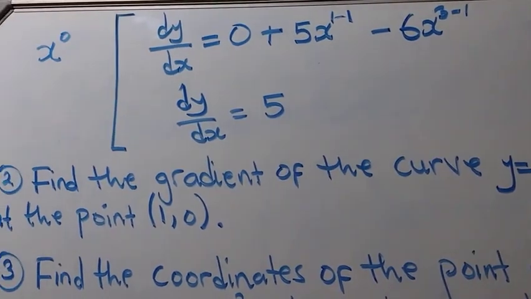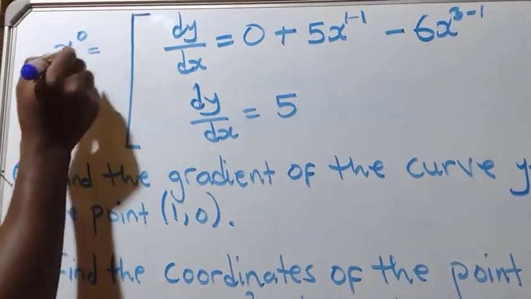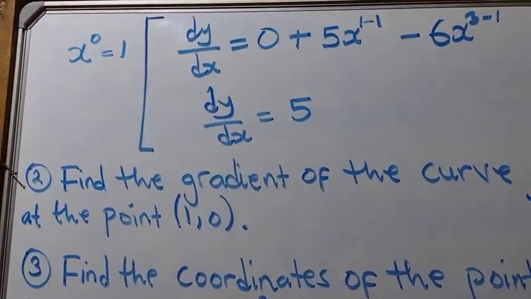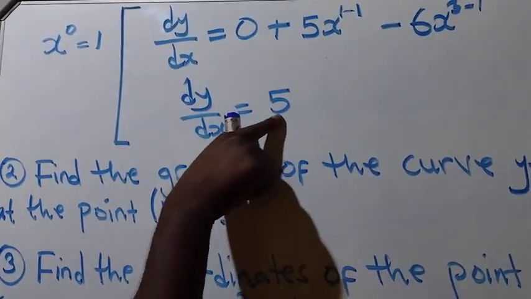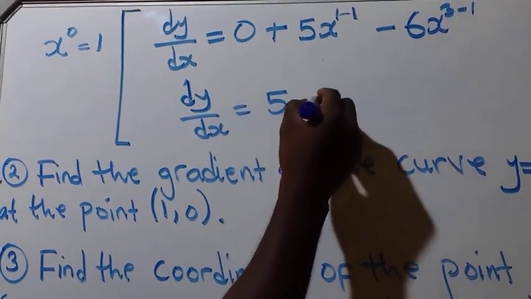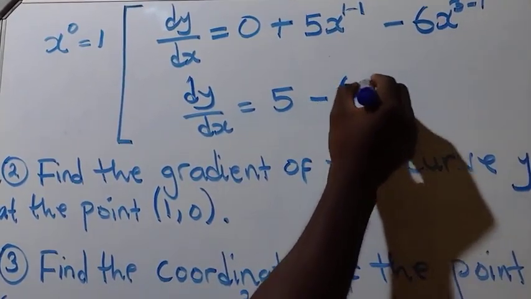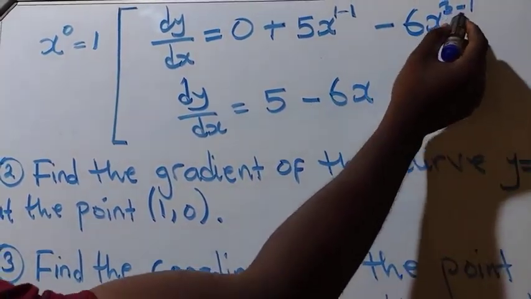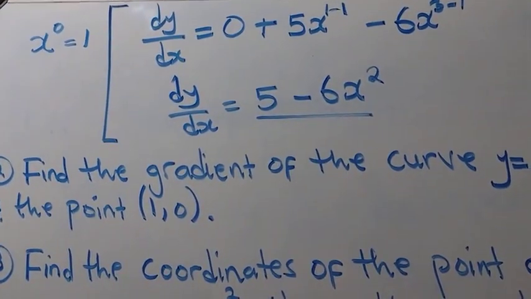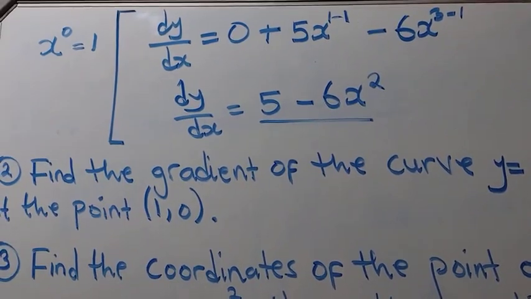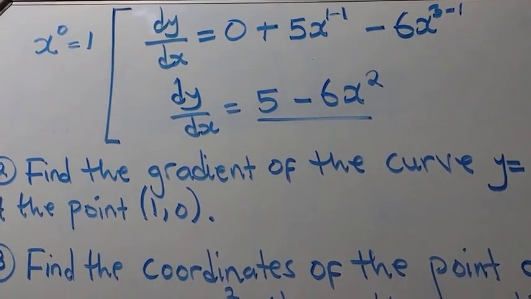And any number raised to the power of 0 gives you what? A 1, okay. So this 1 and the 5 give you this value 5 here, minus 6x, then 3 minus 1 to give you a 2. This is our answer. So we have answered the first question where they told you to differentiate the particular function.